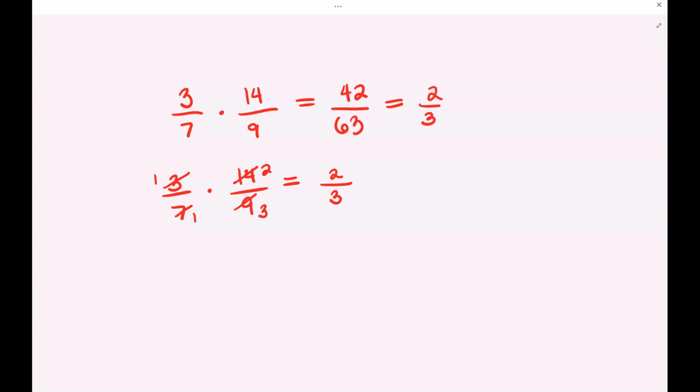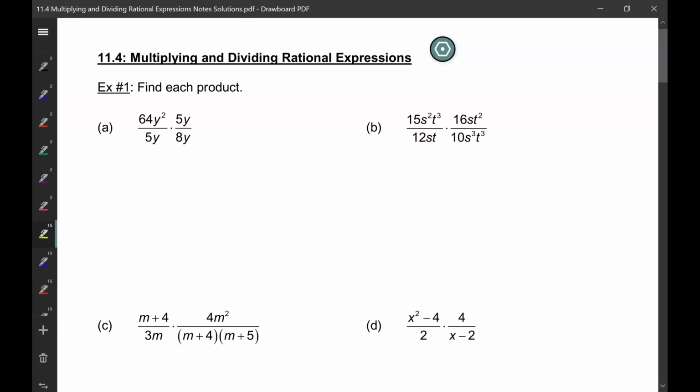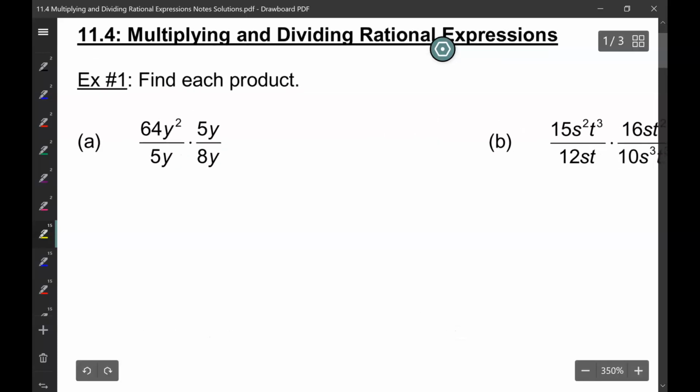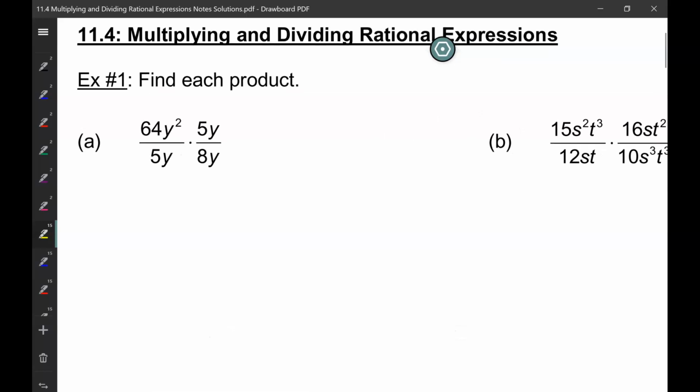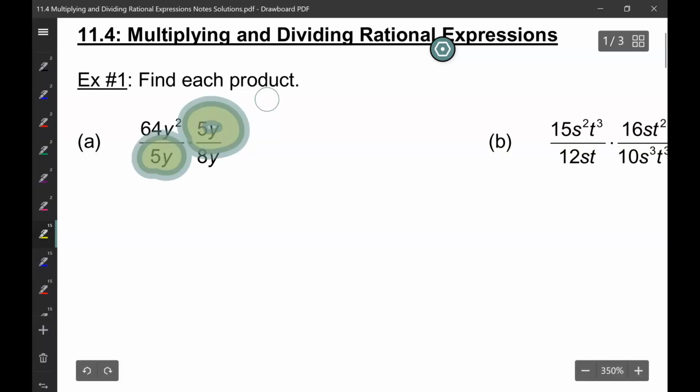Okay, so this leads us into our lesson, because if you take a look at this first example where we want to find the product, 64y squared over 5y times 5y over 8y. You'll notice right away you have a 5y and a 5y. Because of the multiplication sign, we can just cross those out.